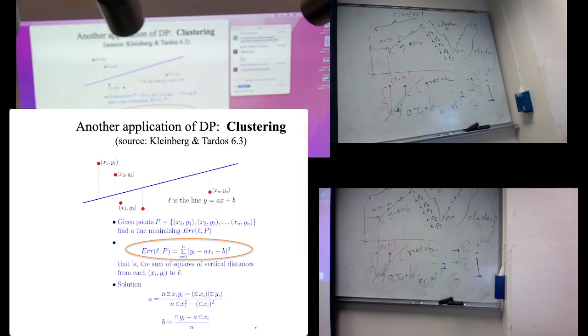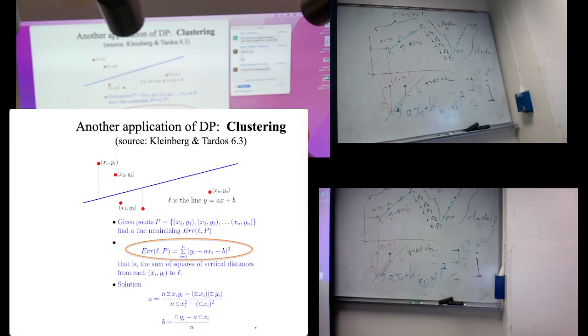Find the line that minimizes this number, and if you know how to compute the differential, to compute the derivative, it's very easy. You take the derivative. Since you are trying to find the line, it means find a and find b. If you don't know, that's fine. You're in your last semester.